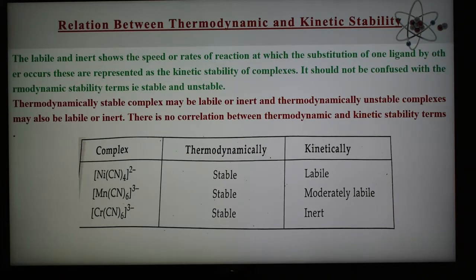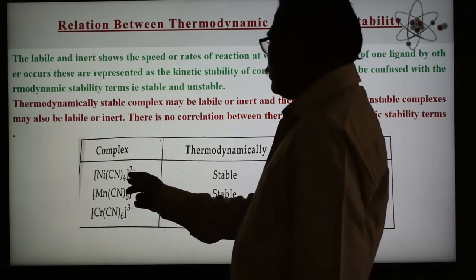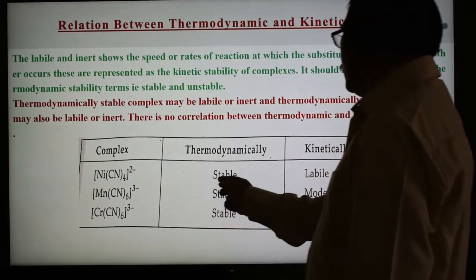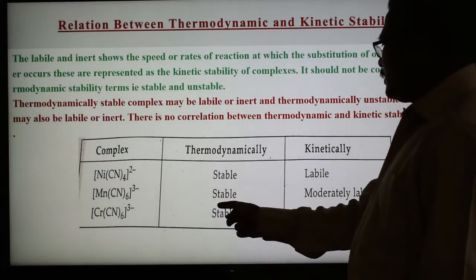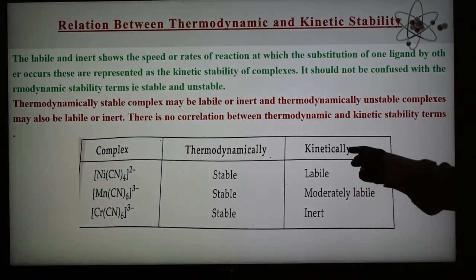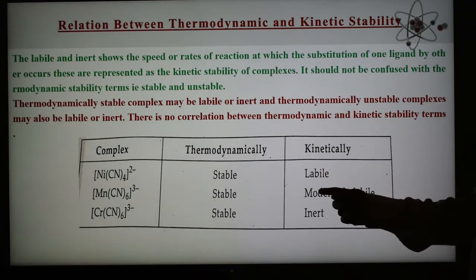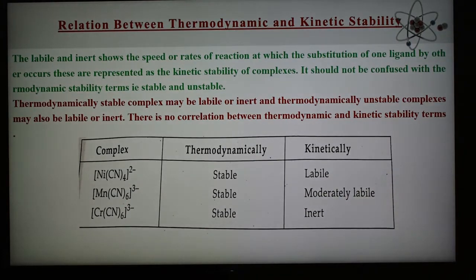For example, here a table is shown with three complexes, the first being tetracyanonickel 2-, and then the second and third. Thermodynamically these complexes are all stable. But kinetically, the first complex is labile, the second is moderately labile, and the third is inert.